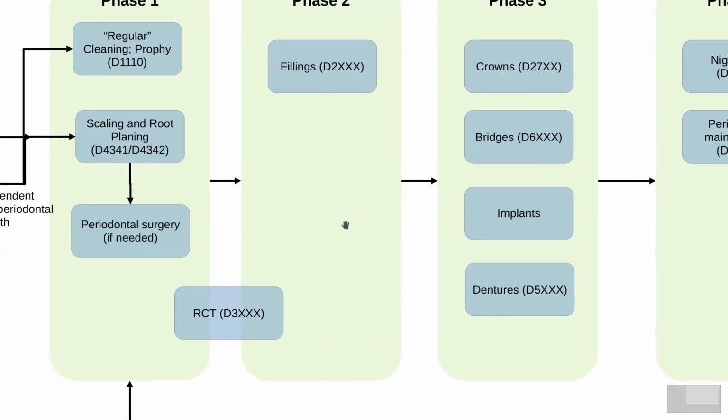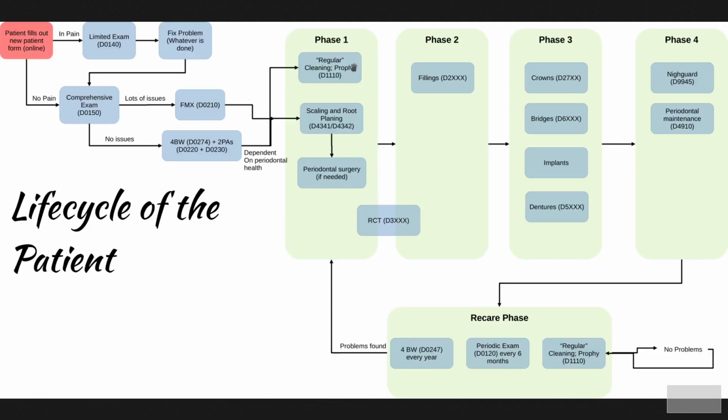So after the patient does all 4 phases, phase 1, 2, 3, and 4, they actually go to what's called the recare phase, in which they would come in about every 6 months. Now, the 6-month standard is actually more of an insurance thing rather than an actual evidence-based requirement.